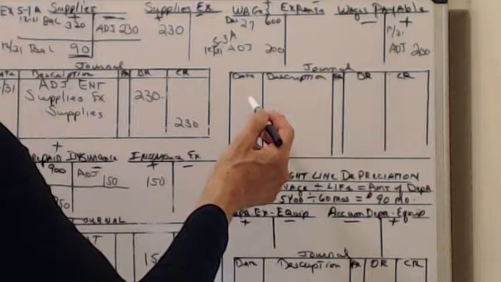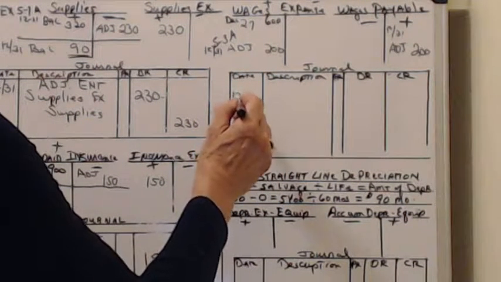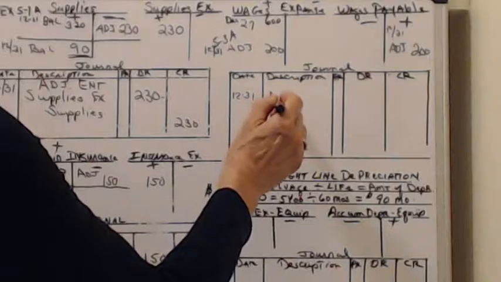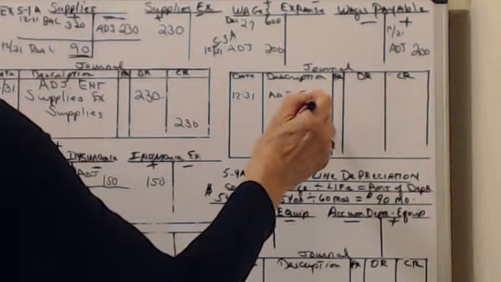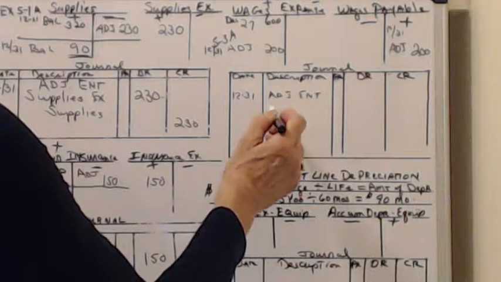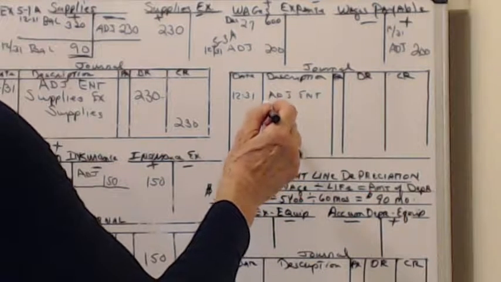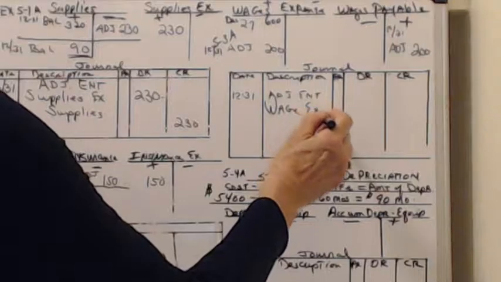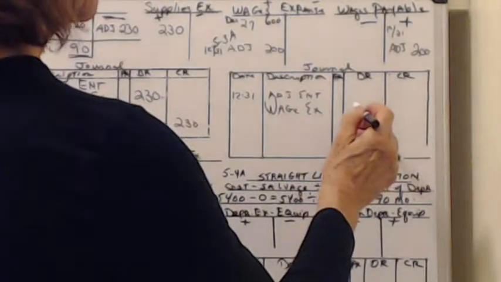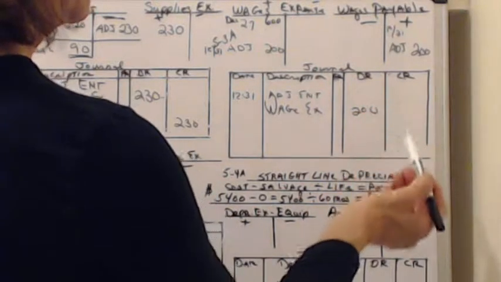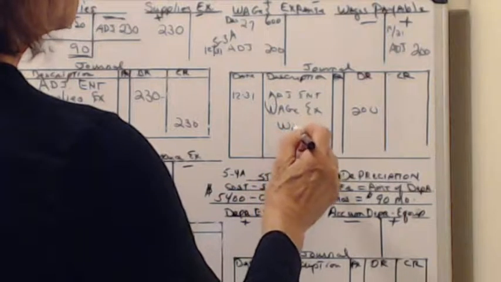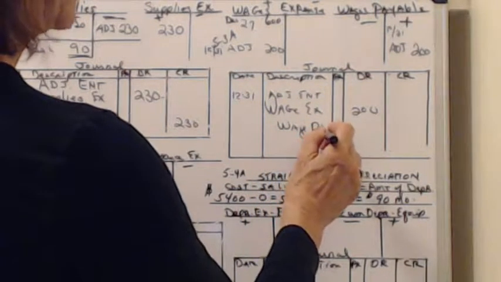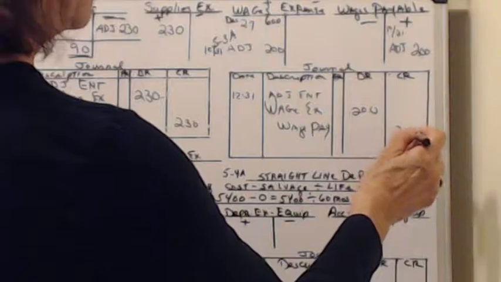I'm going to record it in my journal on December the 31st, adjusting entry. And I'm going to say wage expense, and we're going to put in $200 debit. And then wages payable, credit, $200.